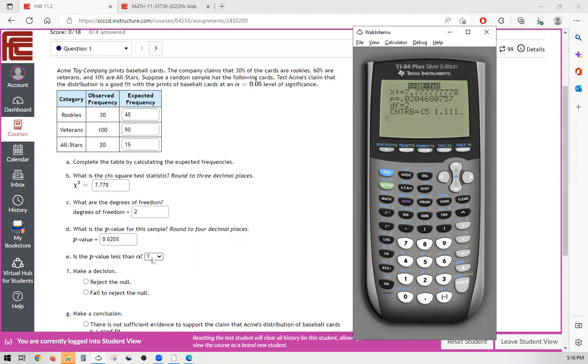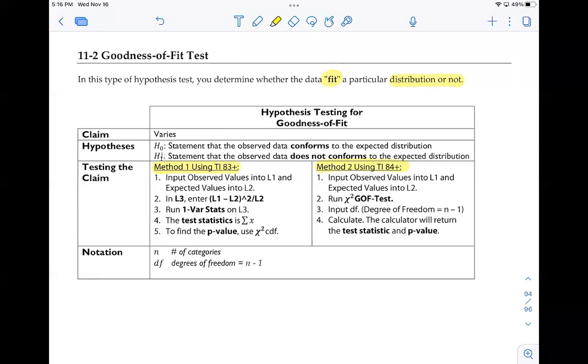One thing I forgot to mention is that the null hypothesis for goodness of fit tests is always a statement that the observed data conforms to the expected distribution. Conforms meaning it's not so much different than the expected distribution. The alternative is a statement that the observed data does not conform to the expected distribution.